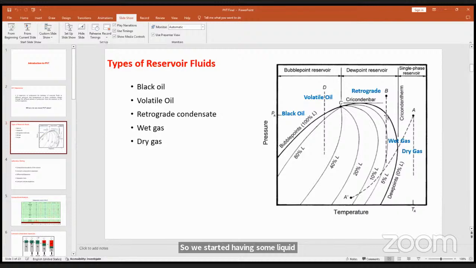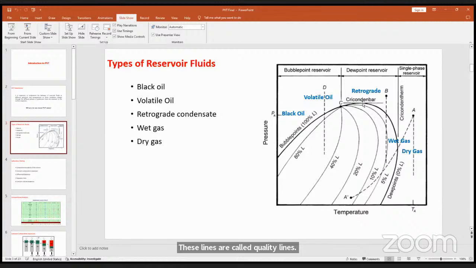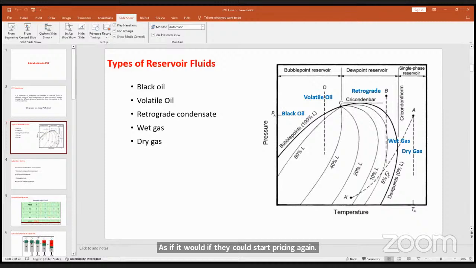As we have continuous depletion, the condensate increases, then it starts revaporizing again. These lines are called quality lines, which represent the percentage of the liquid. So here, in fluid B, we start having like 10% liquid. Then the liquid starts revaporizing again, and the liquid content in the reservoir decreases.